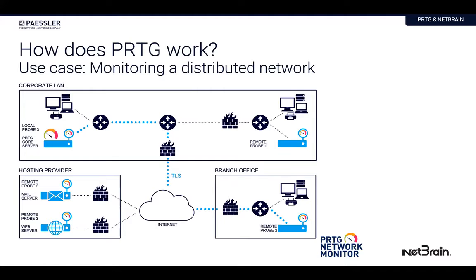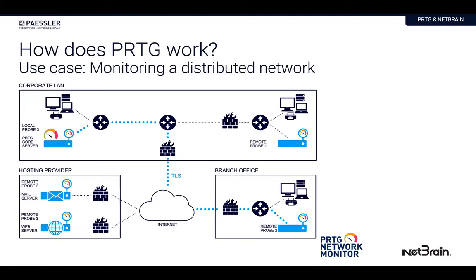But you may come to a situation where you have more than one network. You have some distributed networks, some branch offices in the same building, over the street, in the next city, or on another continent. This is where copies of the local probe come into play. We call them remote probes. These are only 2 Windows services, and in the very near future, also some Linux versions of this.